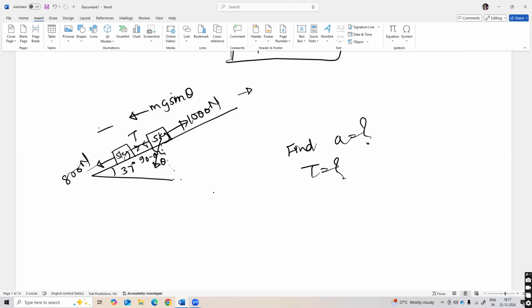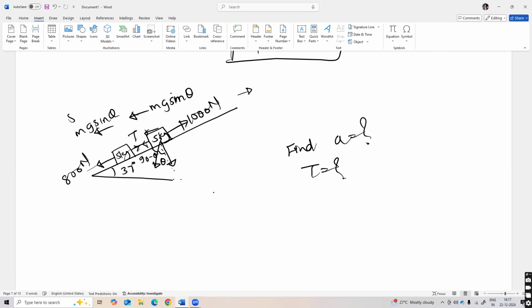Okay, because this angle is theta, so this is 90 minus theta, so it is basically 37, so it is 53. Again, if you draw a perpendicular from here, this angle will become 37. So the force along this direction will be the cos component, and along this direction will be the sine component.